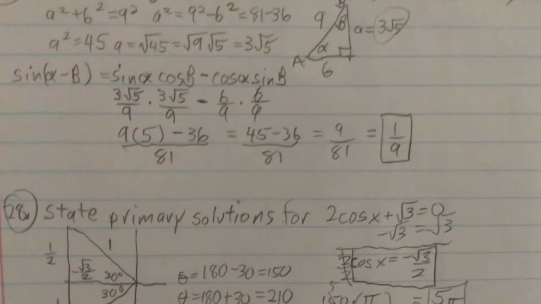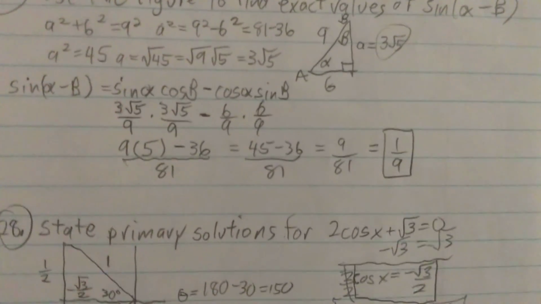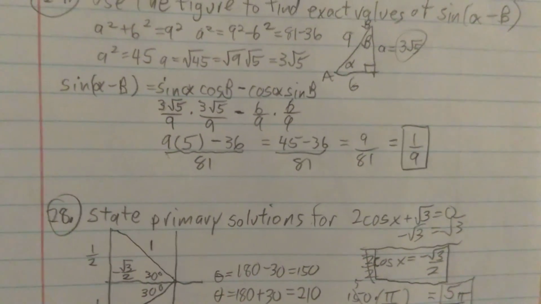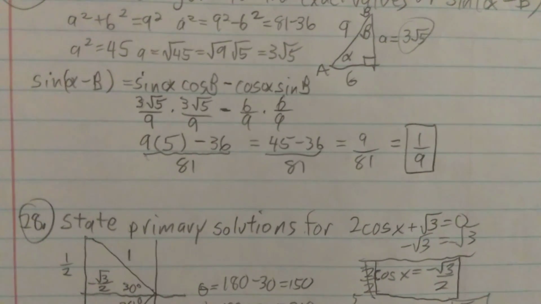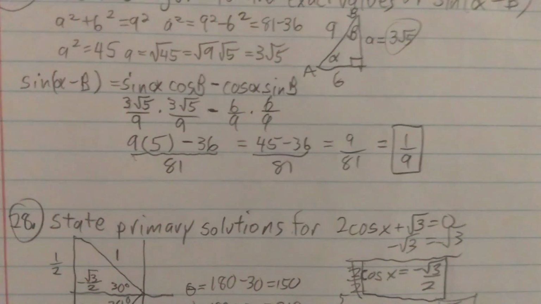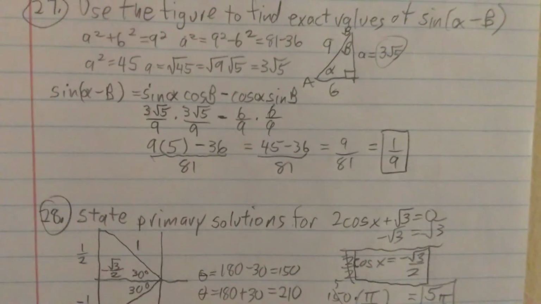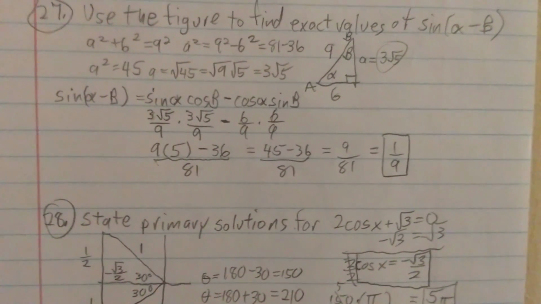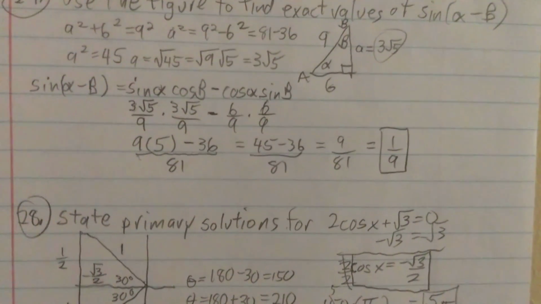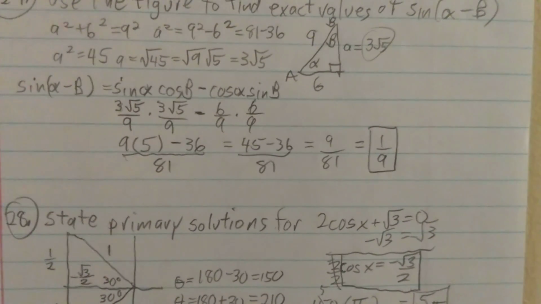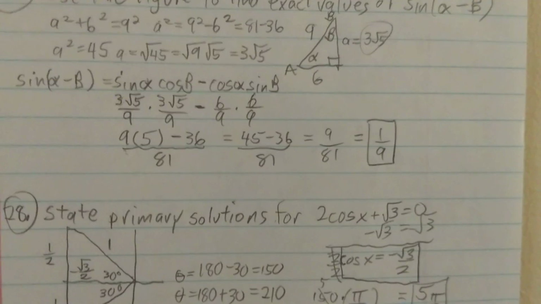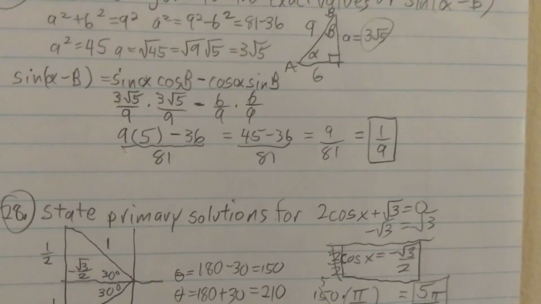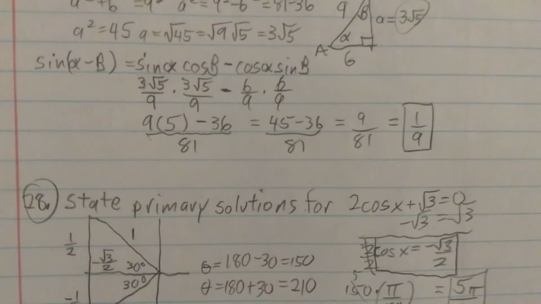Now we can get our sines and cosines of alpha and beta. Sine of alpha minus beta, which is what we wanted, is sine alpha cosine beta minus cosine alpha sine beta. Looking at alpha, the opposite side is 3 square root of 5 and the hypotenuse is 9. The cosine of beta is adjacent, 3 square root of 5, over 9, so that's really that squared.